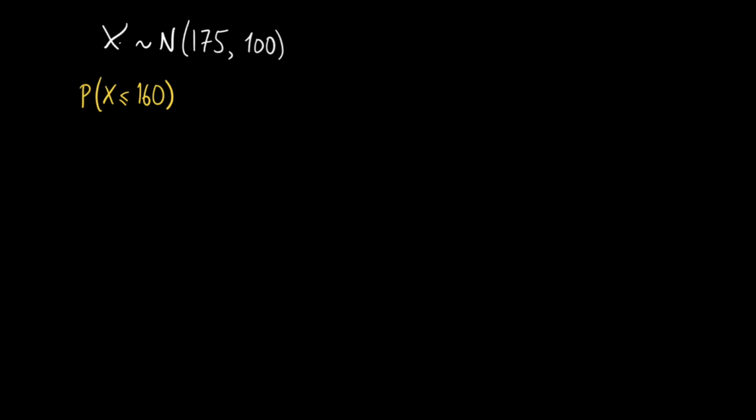Now, when we're standardizing, we essentially know that there is a standard normal variable z, which is distributed normally with expectation 0 and variance 1. And what we do when we use a standardized variable is look for a value of little z which is equivalent to 160 in our height random variable.